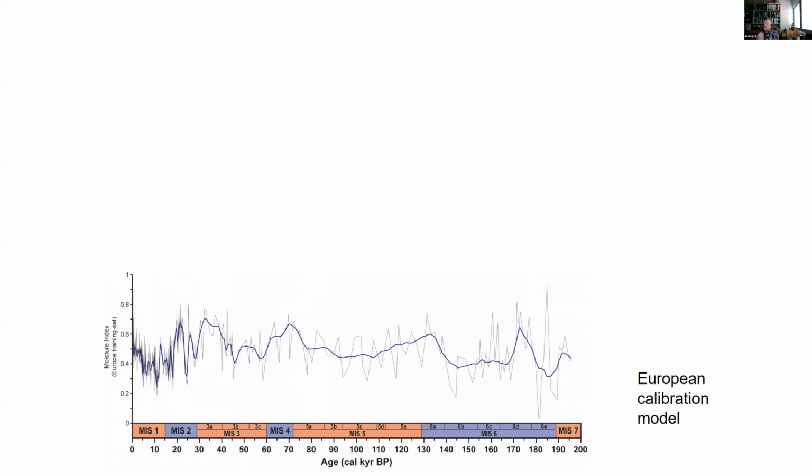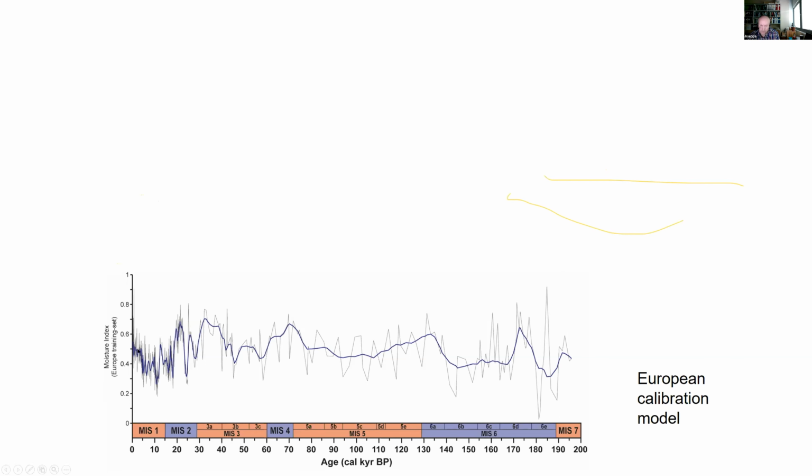When we make the reconstructions here, I show them with 3 different subsets. This is the European calibration model, the whole Europe. And you can see that this goes back to 1,000 years. Here's the Eemian, fairly high moisture index. Stage 4, marine isotope stage 4, this is humid as well, makes sense, high moisture index, and then high moisture index in the late glacial and last glacial max.